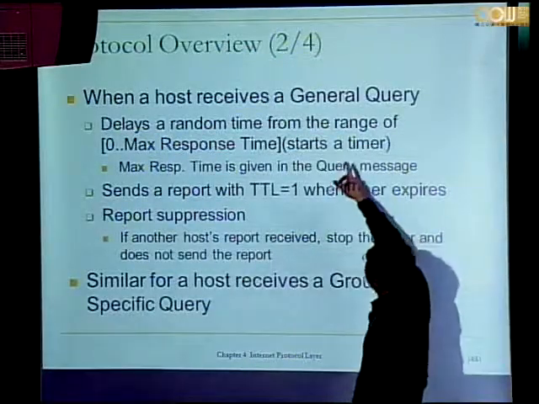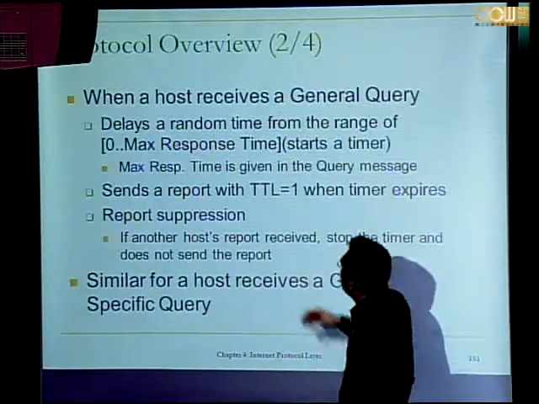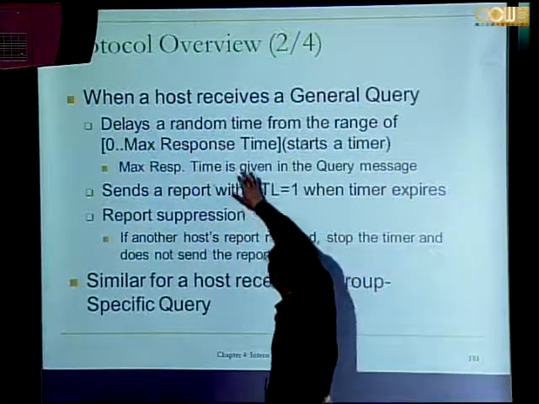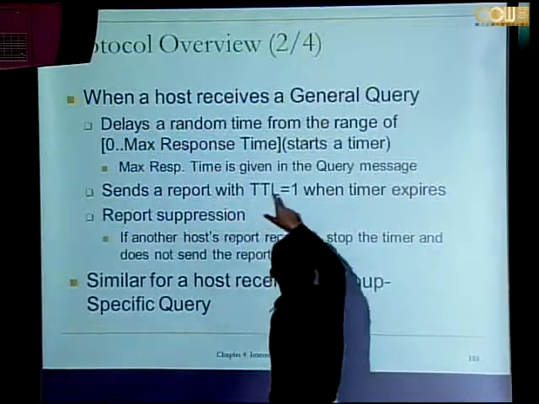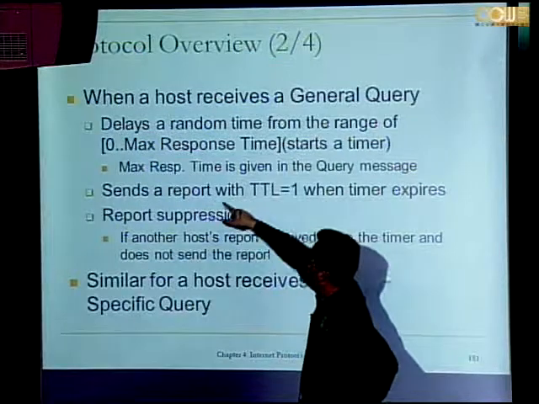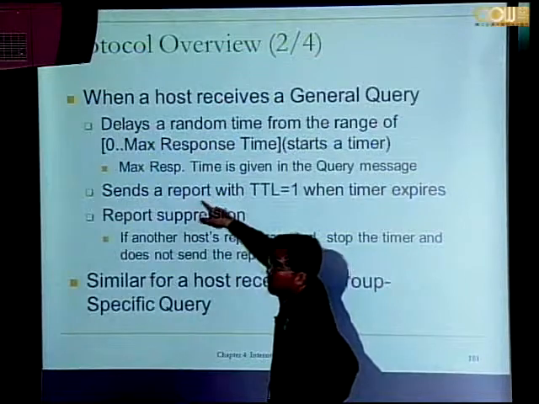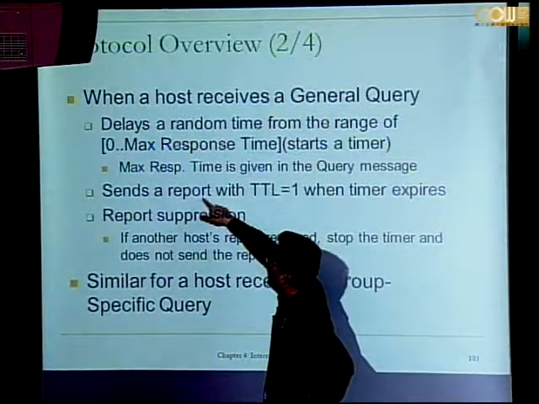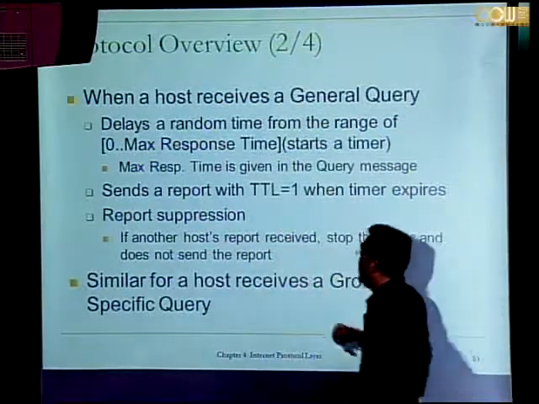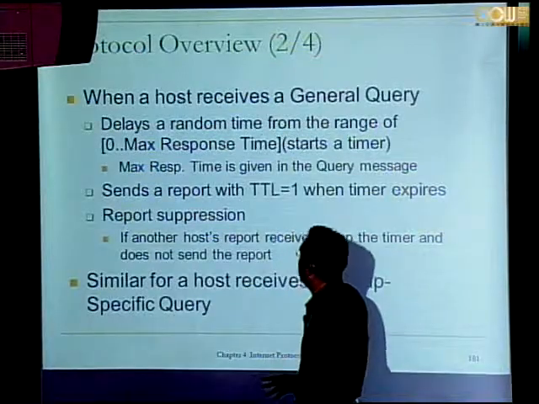So there's a trick here. Every host, when they receive the query, will delay a random time. When the timer expires, it will send a report. The report will say that I belong to a certain class D address, and I want my router to know that there are some hosts belonging to a certain class D address.